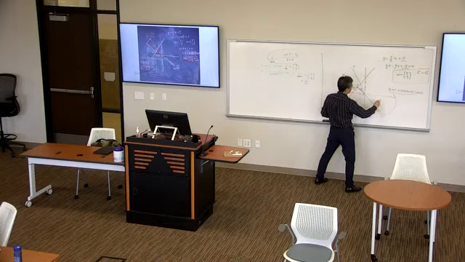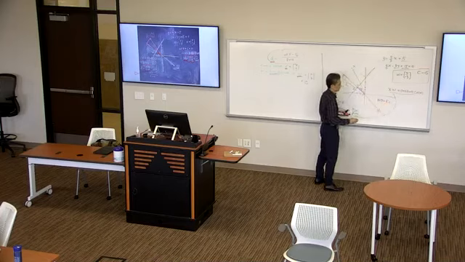So V norm is what we defined as delta here.